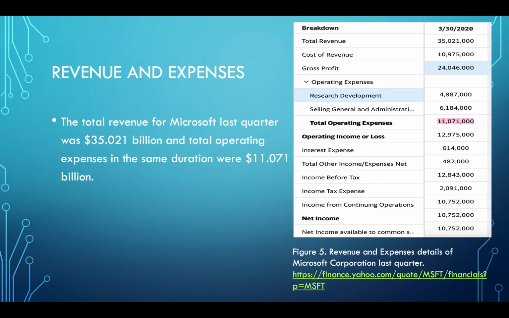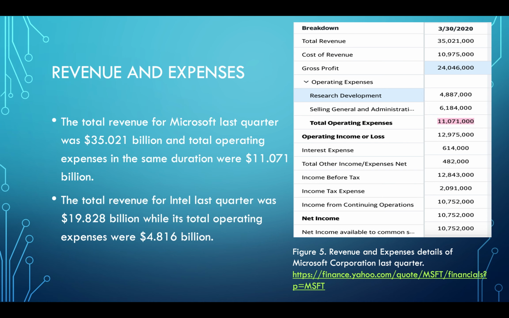And for Microsoft, the total revenue was $35.021 billion, and the total operating expenses in the same duration were 11.071 billion. And for Intel, the total revenue and total operating expenses are $19.828 billion and $4.816 billion respectively.